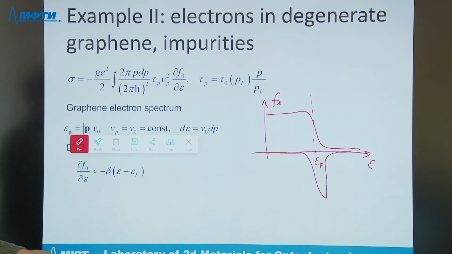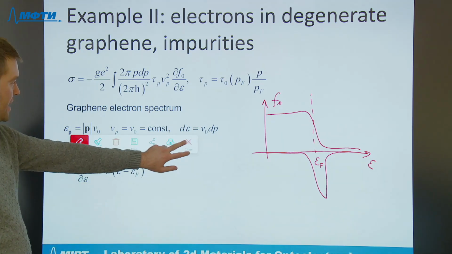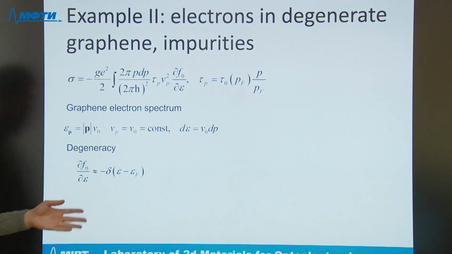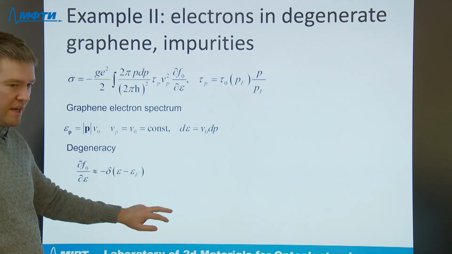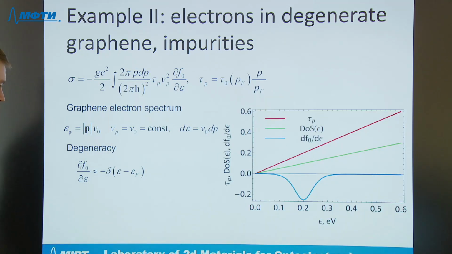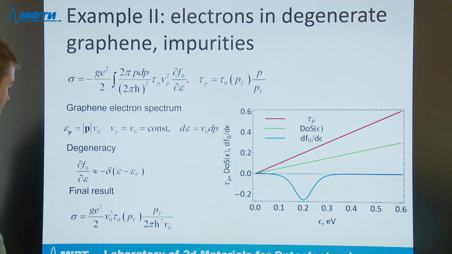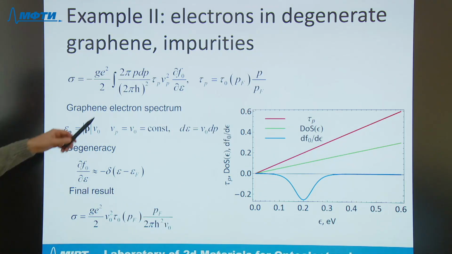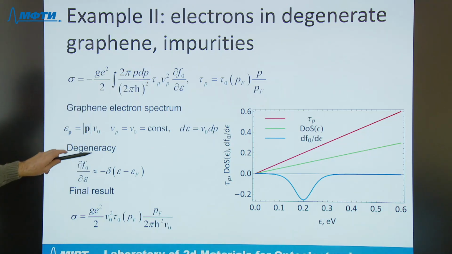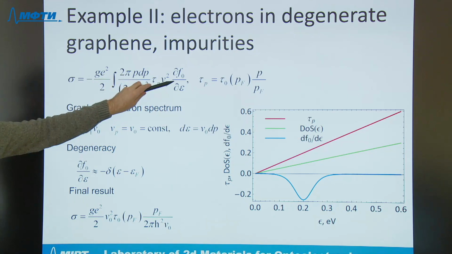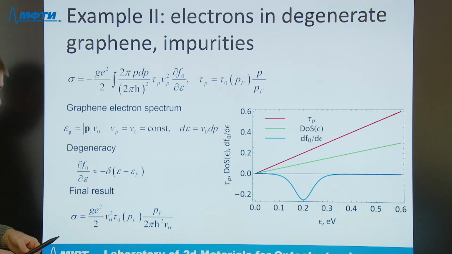So the evaluation of conductivity becomes quite trivial, because the integral of anything with a delta function is just the function being averaged. So the result is very simple. If we take the derivative with respect to energy as a delta function, we should take the remainder at the Fermi level, and the result is simple.